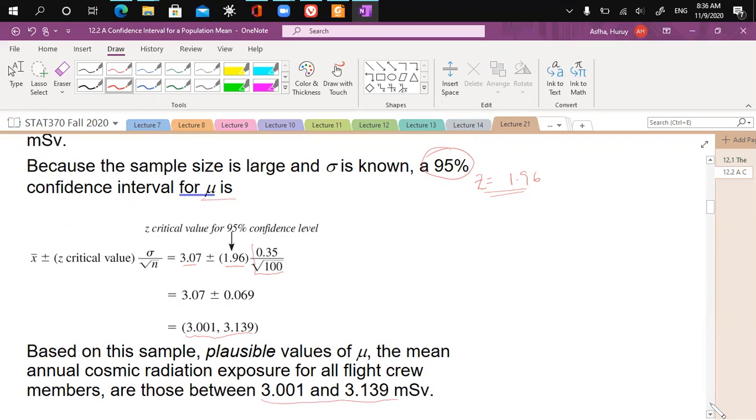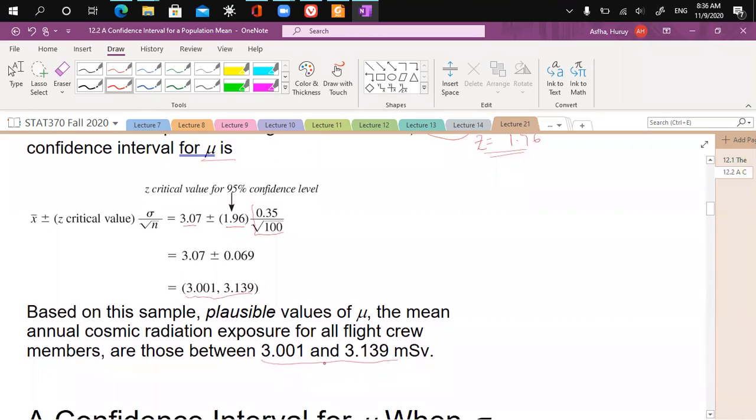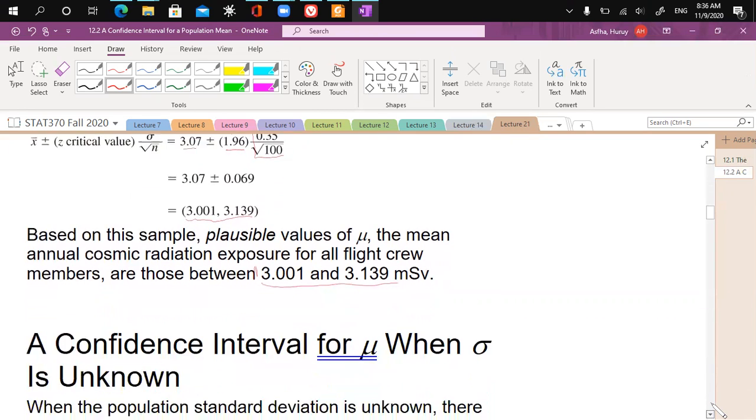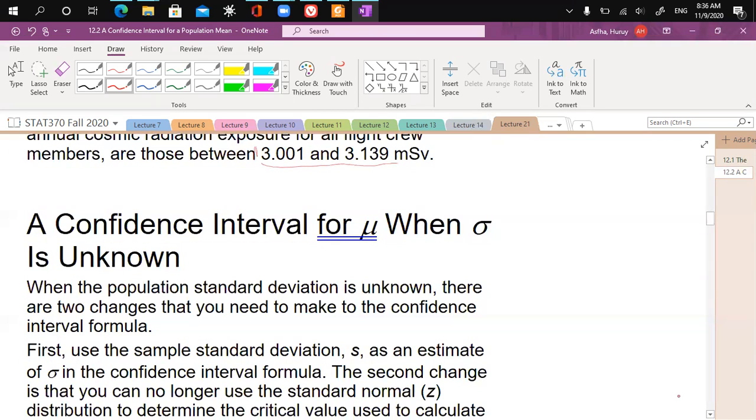Okay, approximately, we are 95% sure that the population mean is between these two values. Okay, now how about when we don't know sigma?